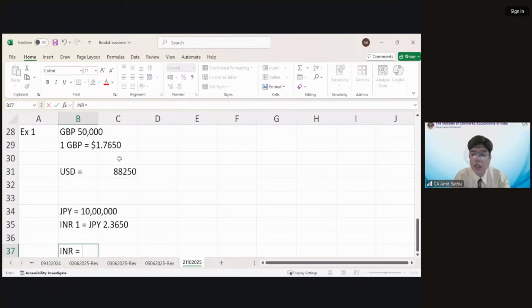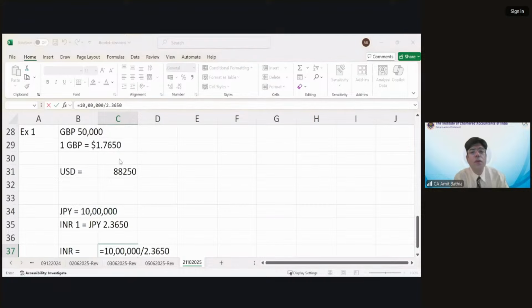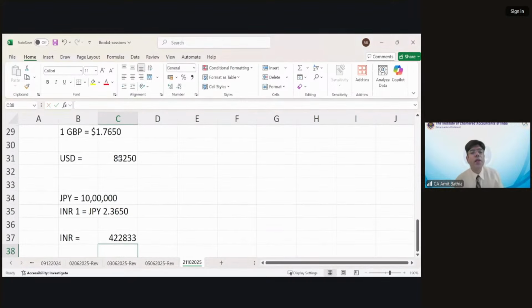So I will essentially divide 10 lakhs by 2.3650, and I get 422,833, right? So what does it tell us? What is the principle it essentially lays down for us?